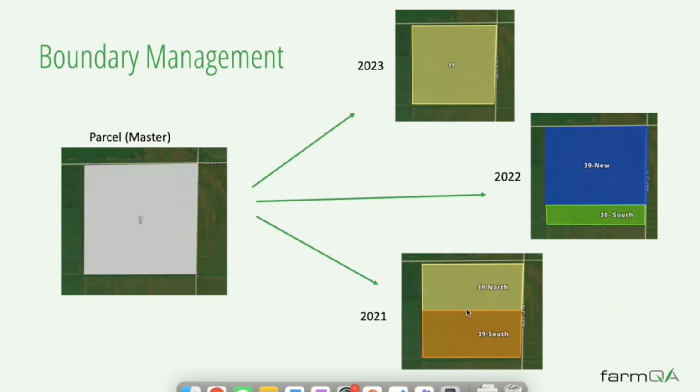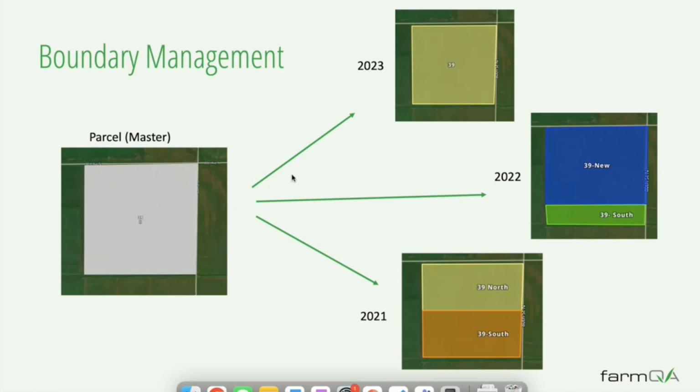And then, for example, if I wanted to rename this field and I came into 2023, clicked on that cornfield, and I renamed it to mom's quarter, that would only change that field and that name within 2023. It's not going to update the master version. So that means when you go to make a 2024 season, it's going to revert back to the name of 39 instead of mom's quarter.